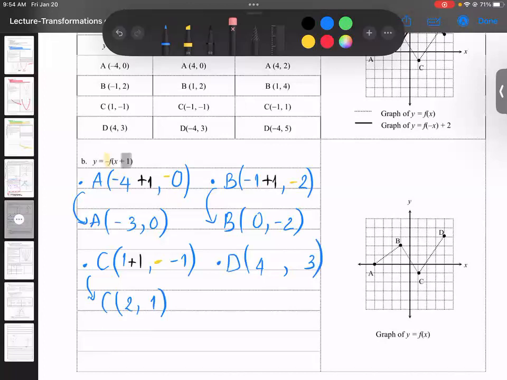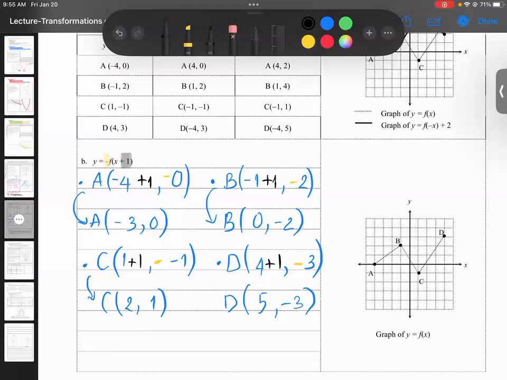Can someone tell me what your D is? What's your final D? Thank you. 5 and comma. Is there any question? Right, now we've got it.